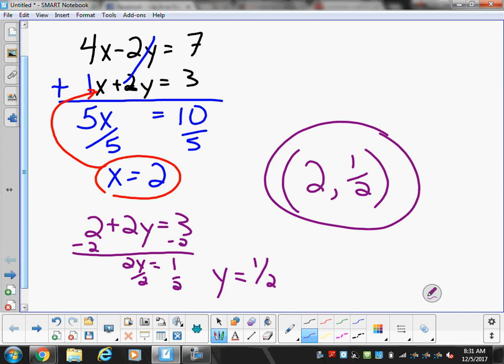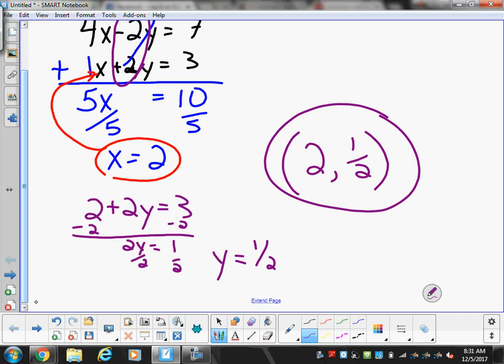Okay. So the process of elimination is definitely easier to use if you have opposite coefficients on one of the variables, like we did here with the -2 and the +2. Okay, it's considerably easier if that's the case. So let's try to do another one like this.